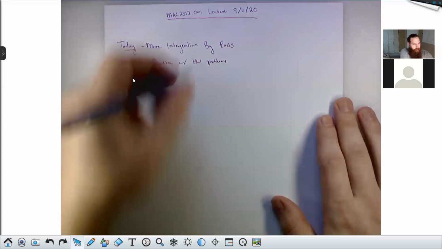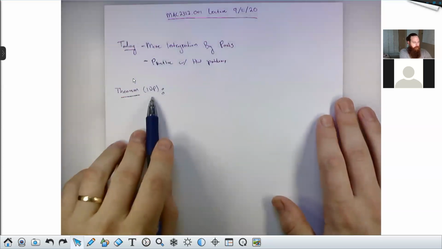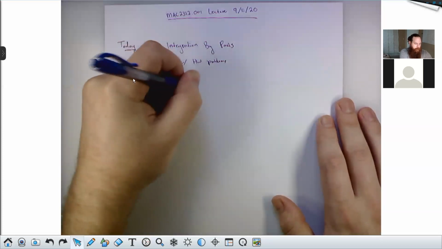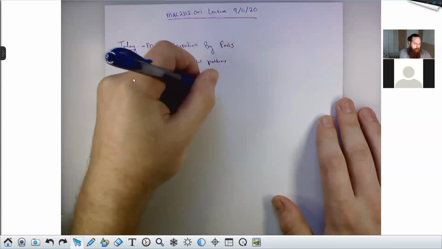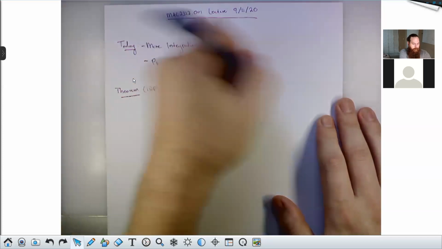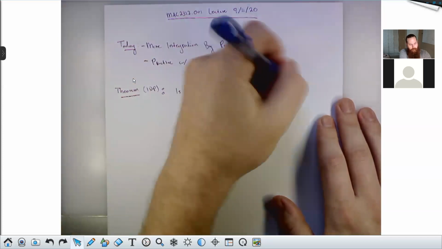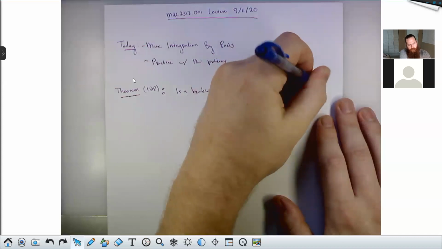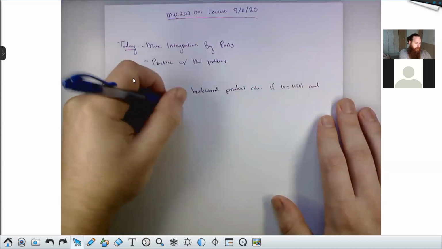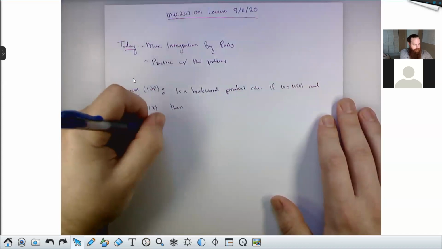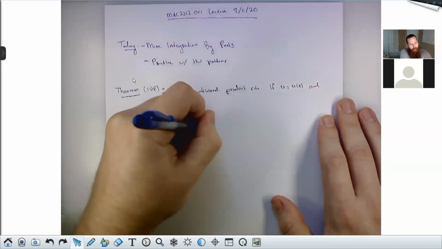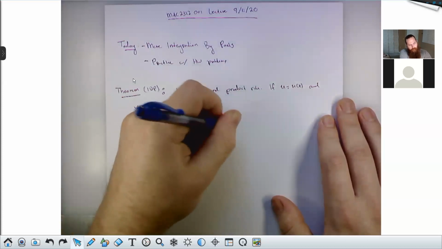So the theorem is really, IBP is how I abbreviate integration by parts, and it's a backwards product rule. If u is a function and v is a function, then the integral of u dv is equal to u times v minus the integral of v du.